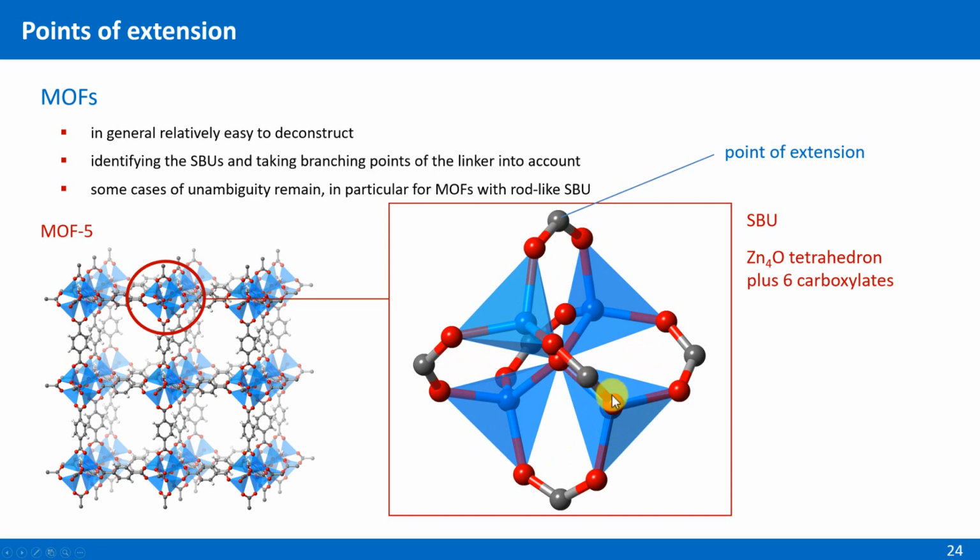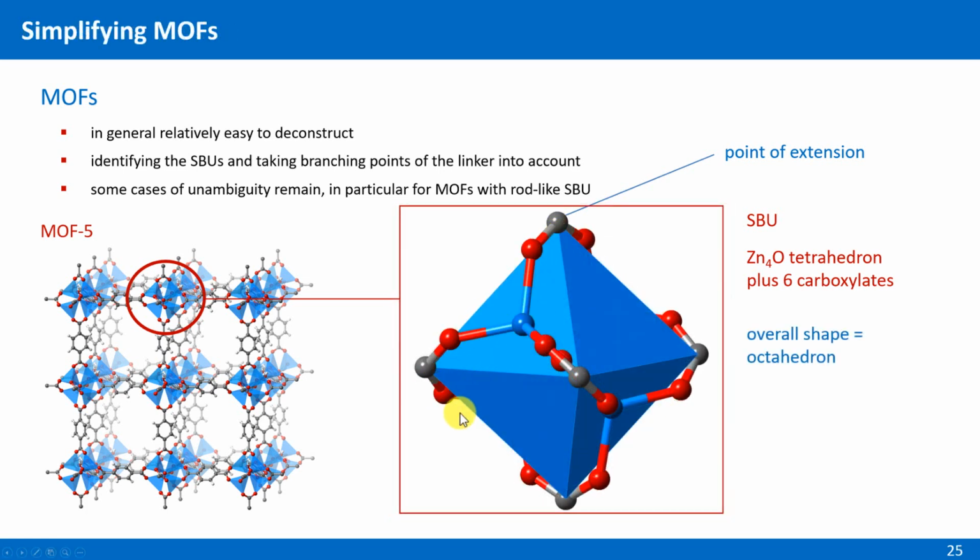And now you have to look where this SPU extends into the linker. And these are the so-called points of extension. And these are the carbon carboxylate atoms. And if we now connect these points of extension, then we get this overall shape of the SPU, obviously an octahedron with 6 connection points.